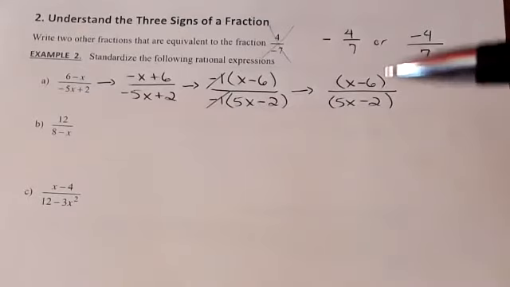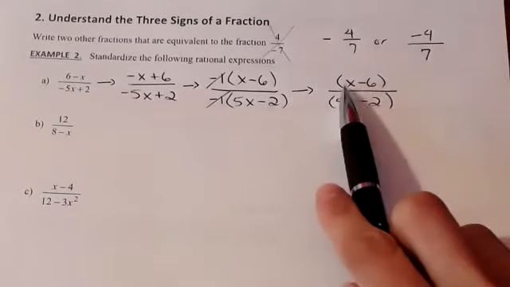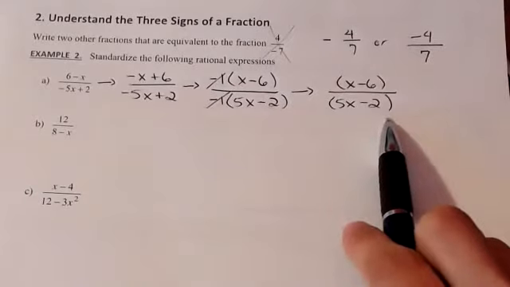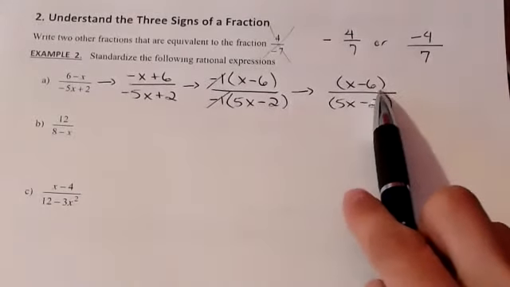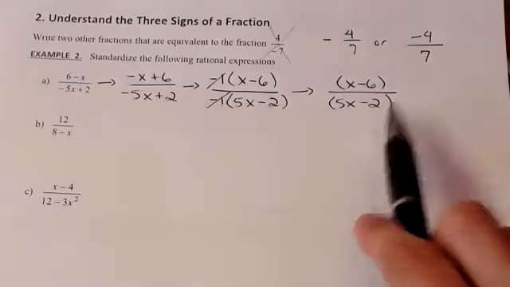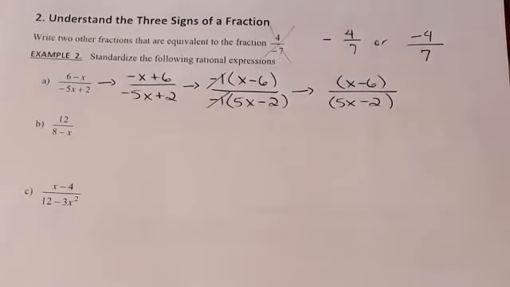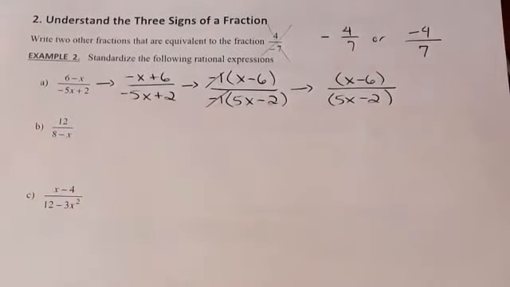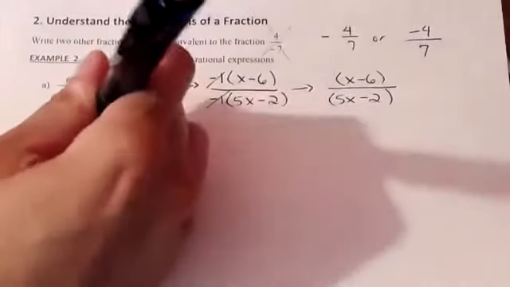Otherwise, they have to stay. So think of these as a package deal. If you don't find an exact match for this package, you cannot cancel, okay? And Jose, to your point, if your leading term is negative, yes, you're always going to factor out that -1, okay? Let's take a look at part B.